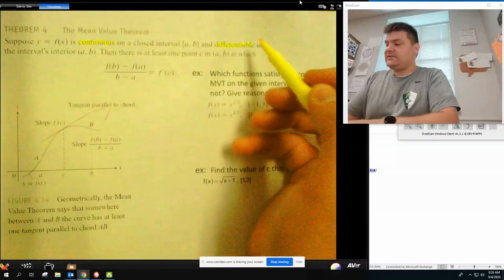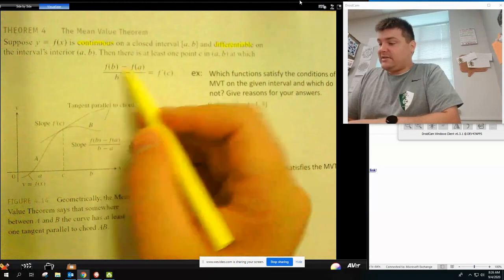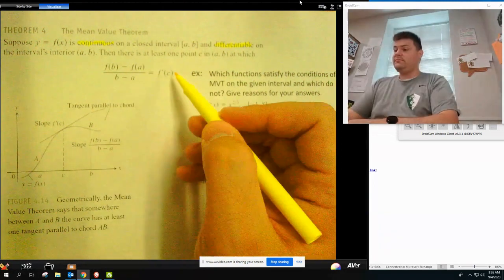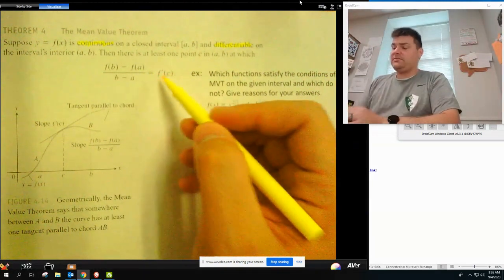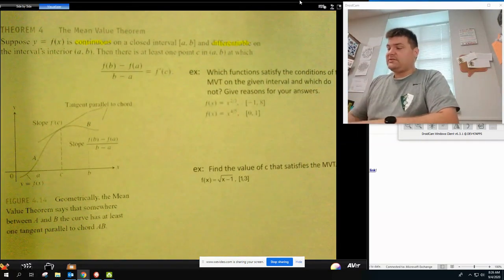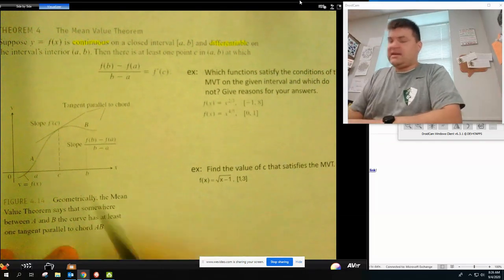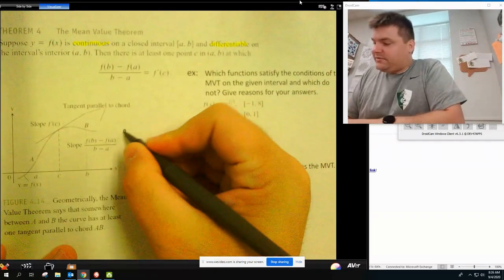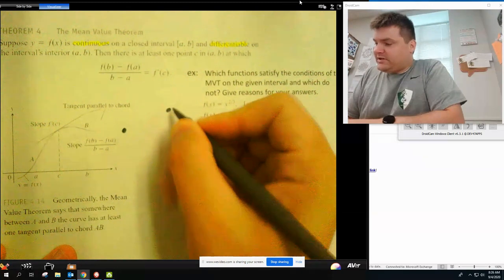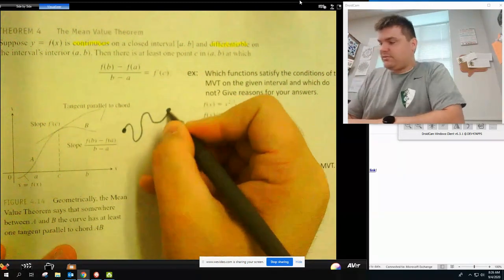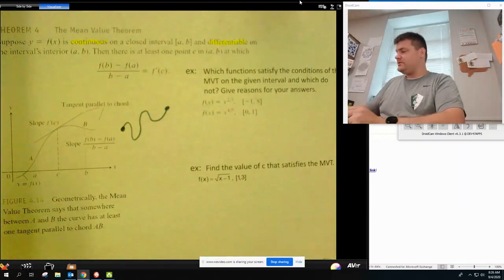Then it says that the secant, that's what that is right here, if there is a secant somewhere, that equals the derivative. Okay, so that's all that's saying. So if I have two random points, I'll draw this out again, and it's kind of written right here, I have two random points, boom and boom. I just have some function, whatever, and it's differentiable and continuous.